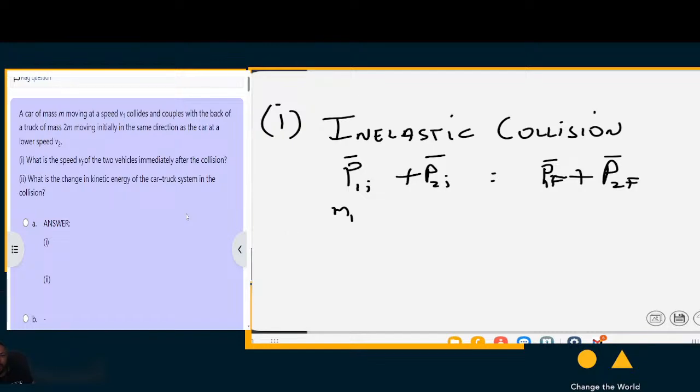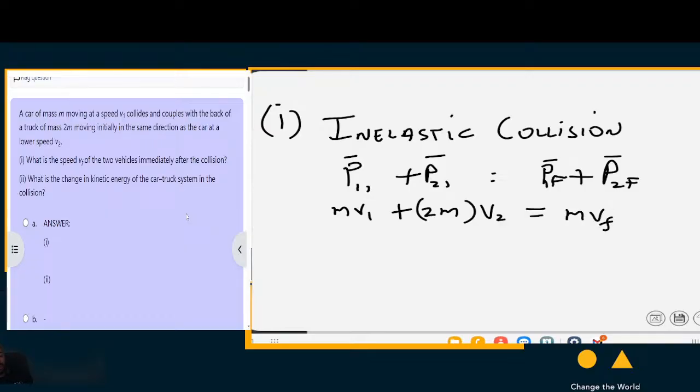This is the mass M1. It is just m in this case, and it's moving at a velocity v1, they tell us, plus this one has a mass of 2m and is moving at a velocity v2, and that should be equal to the mass of this vehicle.